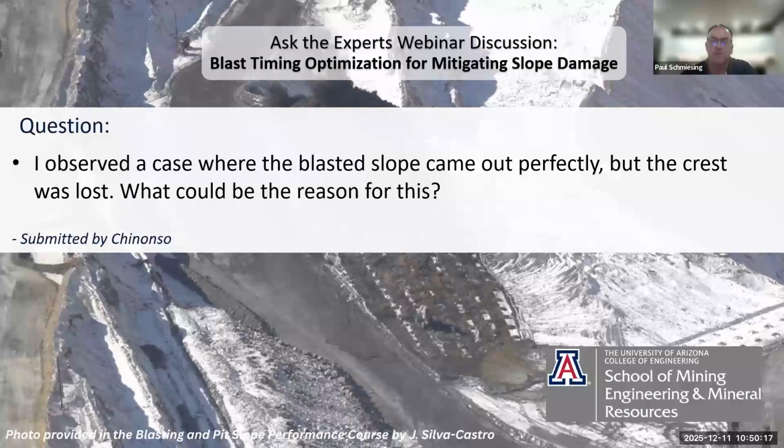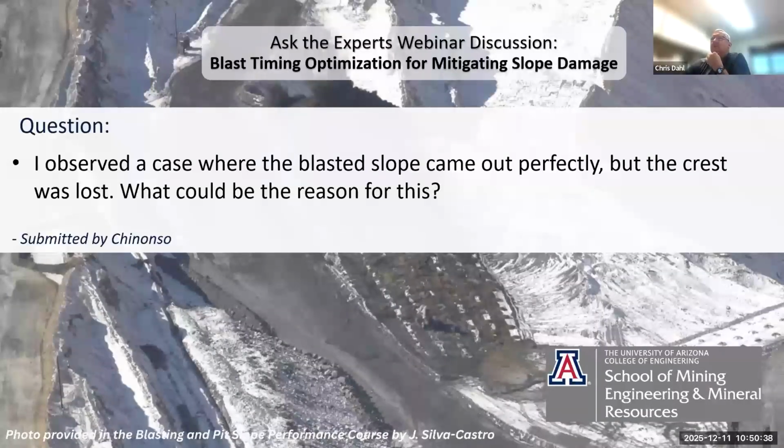Was there sub drill in the bench above that could cause the crest to be lost? Could be, yeah. 100%. Agreed. Look at the cross section from the bench above. If blast face angle came out perfectly, the crest is lost, that's very likely the root cause.